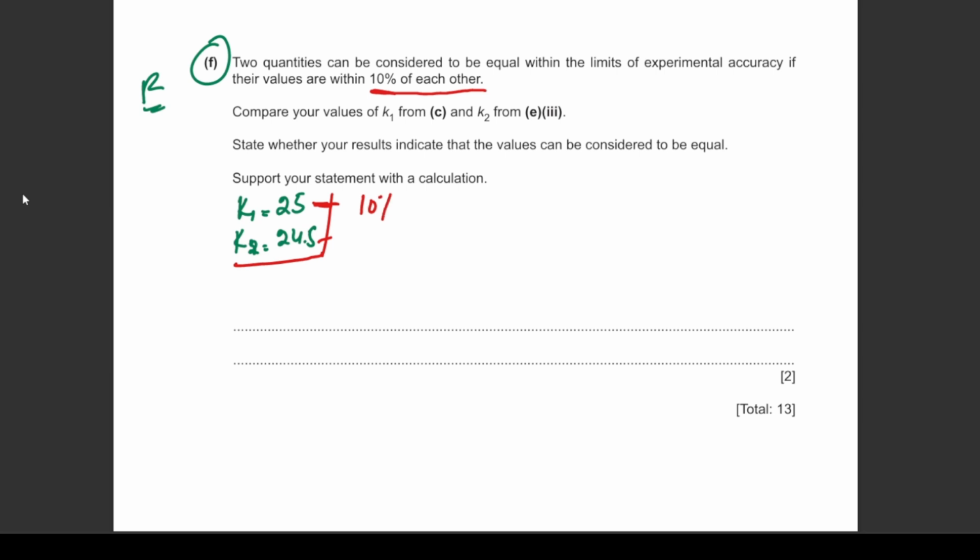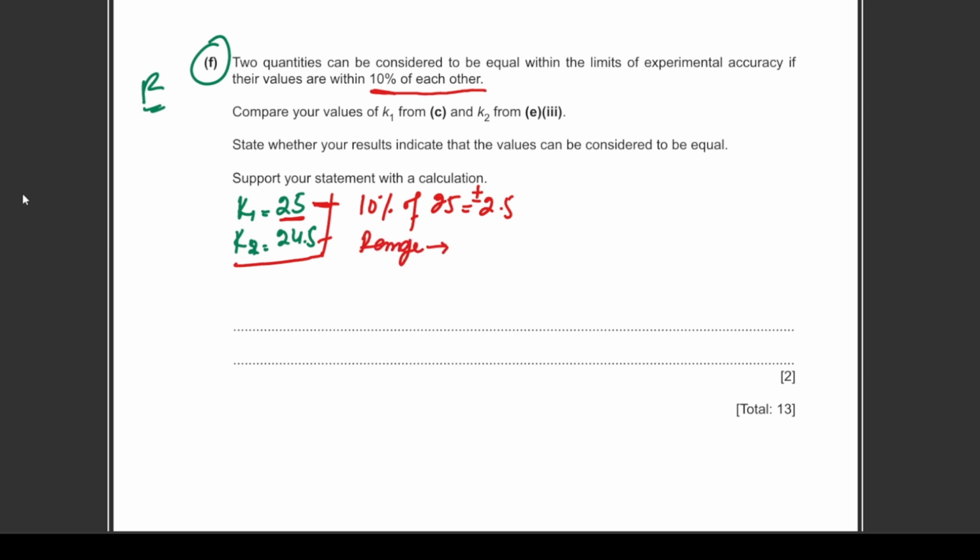So 10% of this value of 25 is going to become 2.5. So add 2.5 and subtract 2.5 from the same value. This will give you the range of values. So our range from 25 down below becomes 22.5, and on the upper side it becomes 27.5.